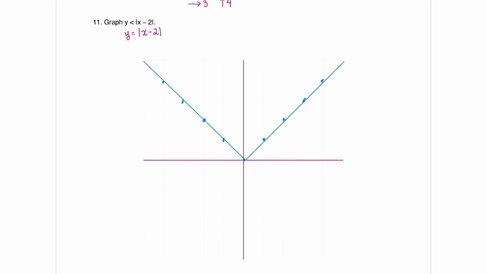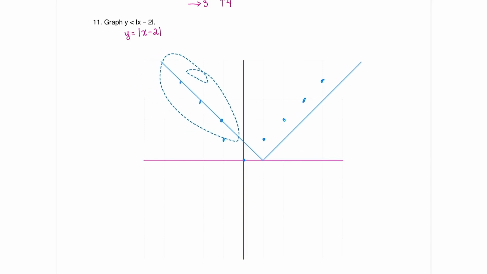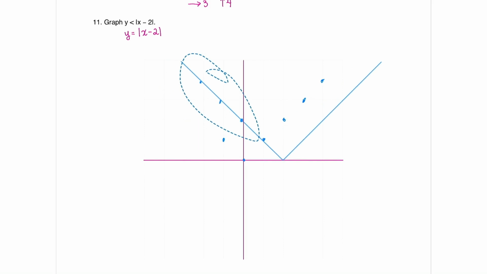Now, what the translated graph looks like is it is shifted to the right 2 units. So this is what it's going to look like here. Now we need to focus on graphing this.